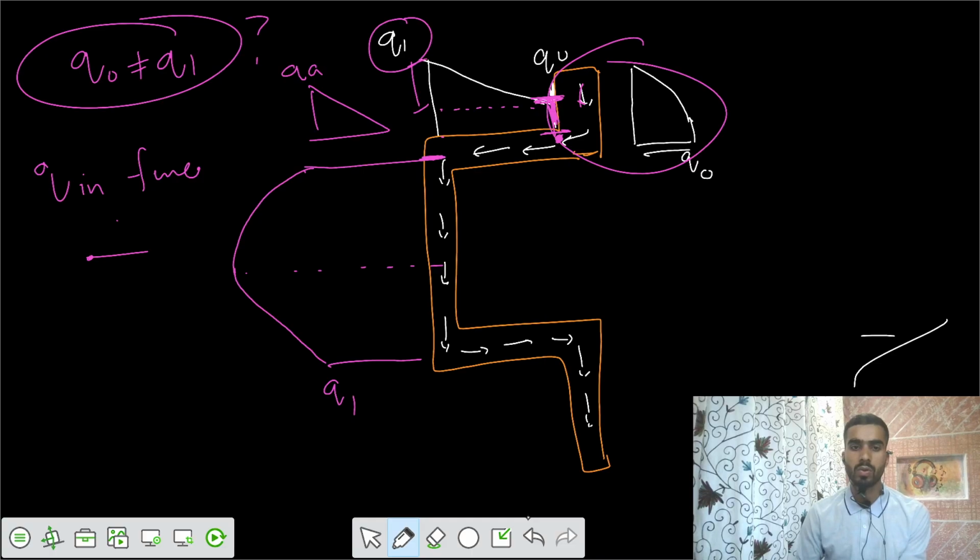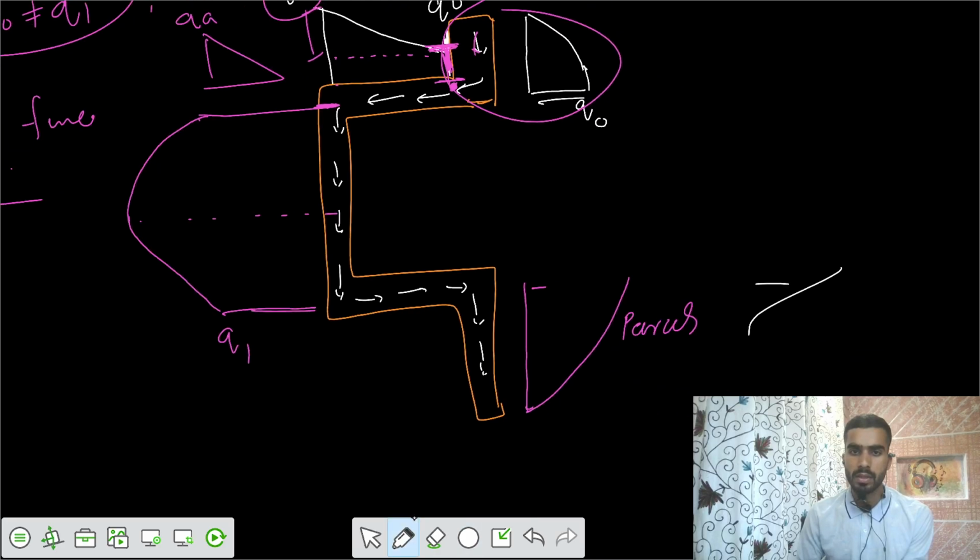From the bottom there would be a parabolic variation, and this value would be the same value of Q0. This is also Q0, and here there would be a linear variation from Q1 to Q0.